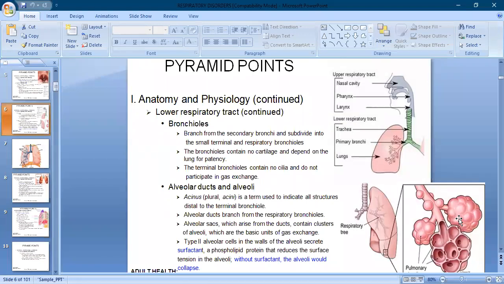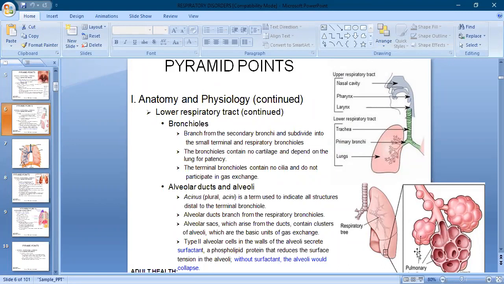Alveoli. If anybody has COPD or bronchial asthma, their alveoli do not relax. They are constricted. If they do not relax, or constrict, relaxation and contraction, it is difficult for respiration.